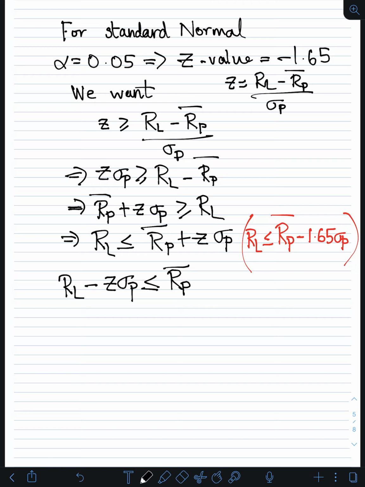I just brought the z sigma P over to the RL. That's the same thing as what we did before. If the left side is less than the right side, that means the right side is greater than the left side. So I'm going to rewrite it where the right side is greater: RP bar is greater than or equal to RL minus z sigma P.